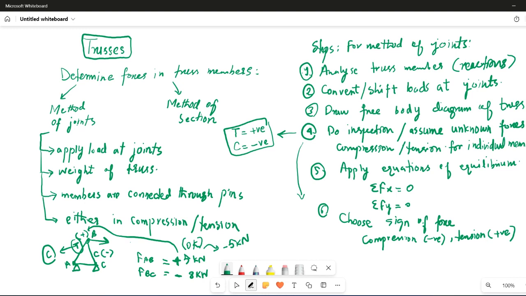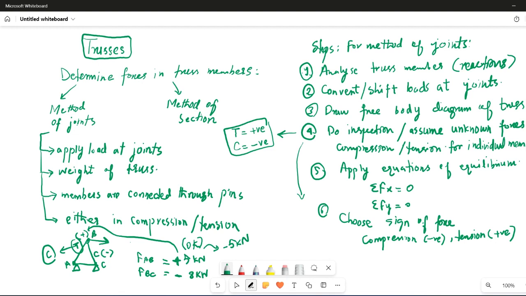So it is difficult to exactly determine whether it is in compression or tension. For that case, you can just assume it. Once you have assumed the signs, get your answer and match it with your original sign. If both signs are the same, it means your assumption was correct. If it is opposite, then you have to change it.